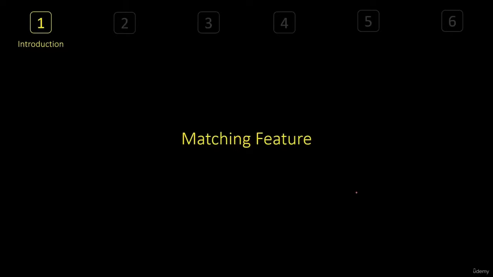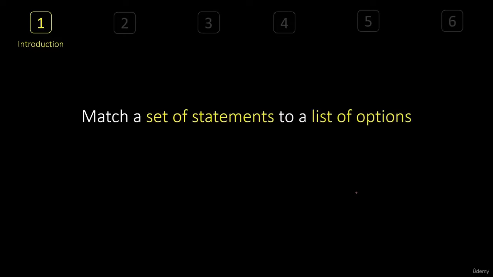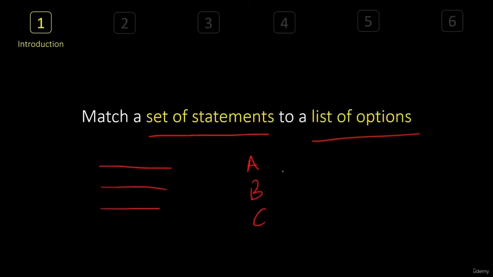I know, very complex information which I have provided you right now. An example will help you to go through it. So what you do is you match a set of statements to a list of options, right? There are plenty of statements like this, and you have options like A, B, C, and these statements you match with the information provided here.